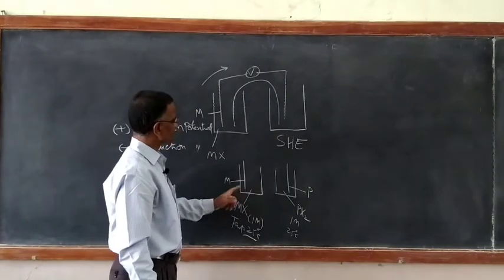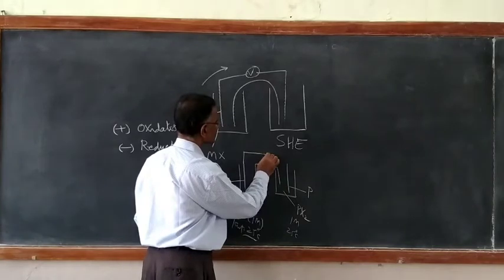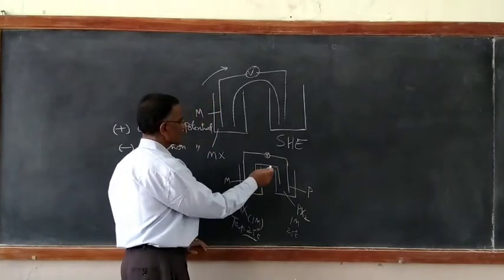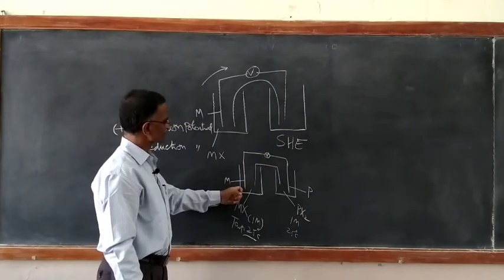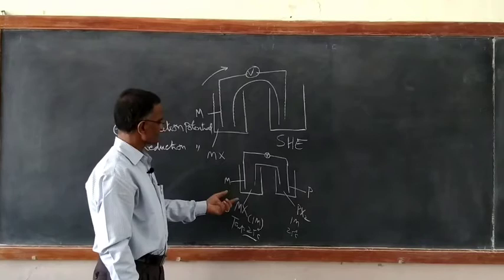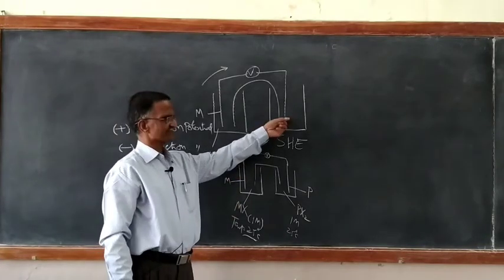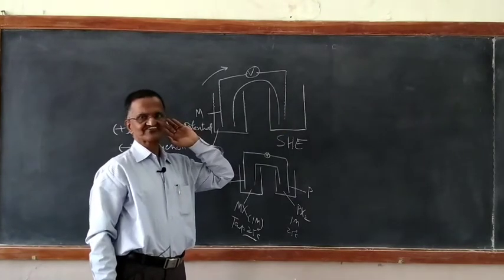So when these two are connected by a salt bridge, and you have a voltmeter, how much voltage will it show? How to tell this? I should have, when M dipped in its salt solution is connected to the standard hydrogen electrode, that value well before.